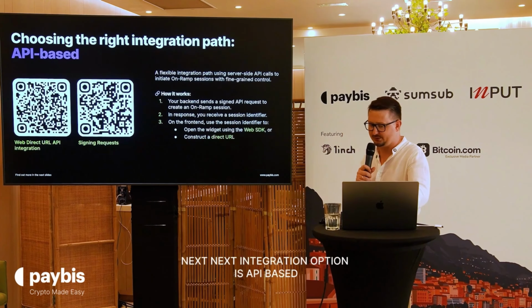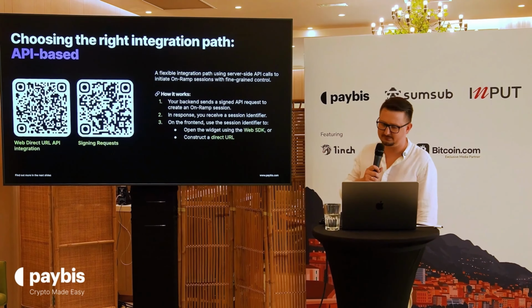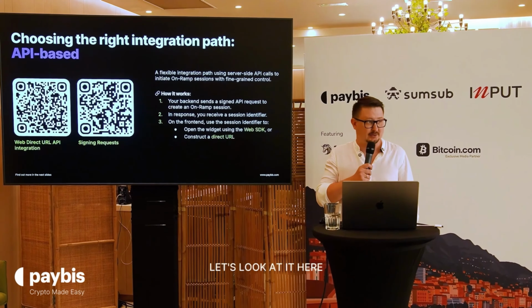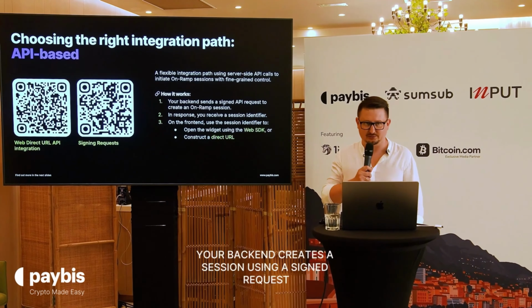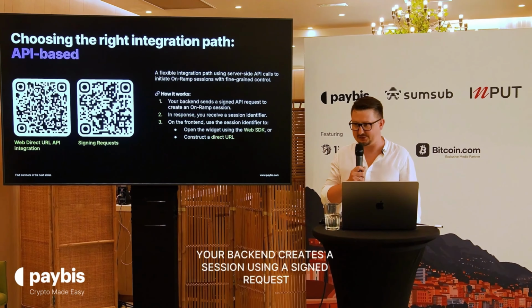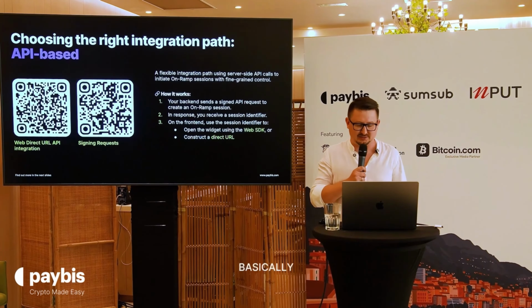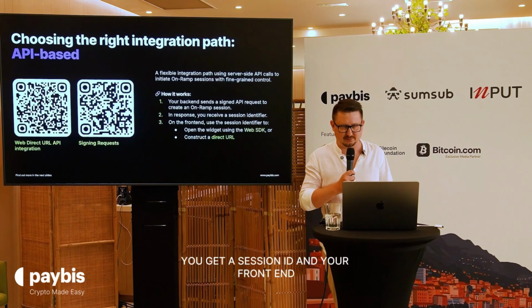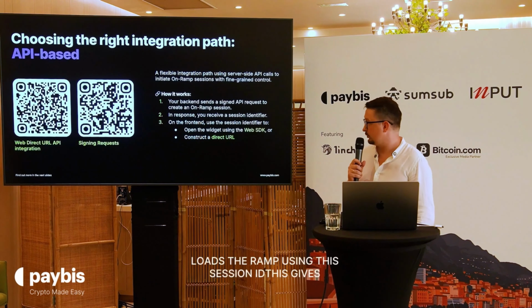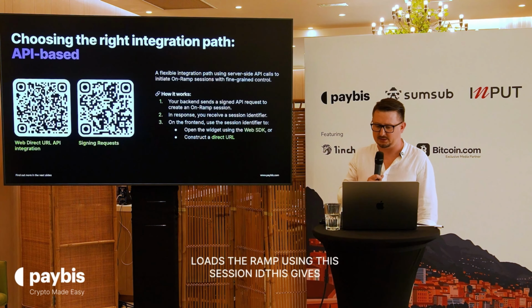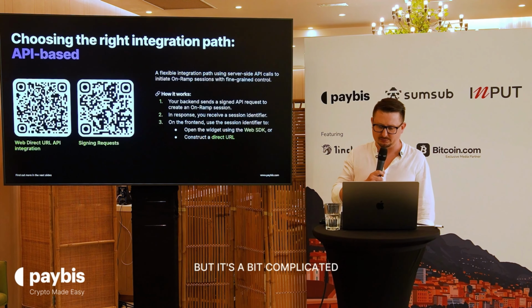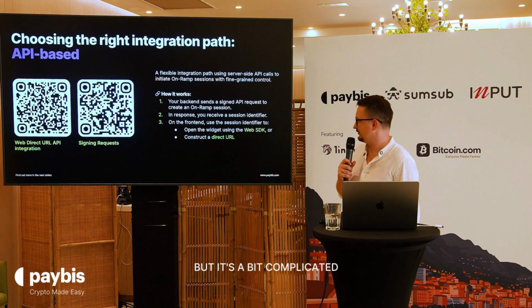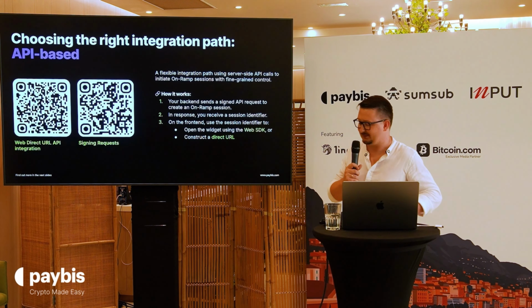The next integration option is API-based. Here, your backend creates a session using a signed request. You get a session ID, and your frontend loads the ramp using this session ID. This gives you much more control than standalone, but it's a bit more complicated integration.